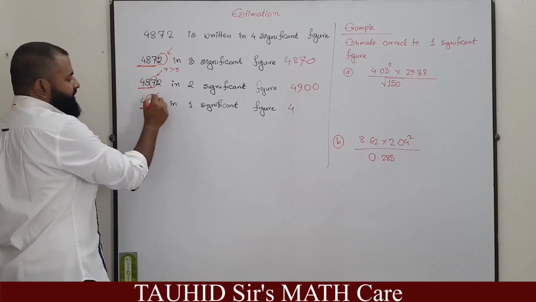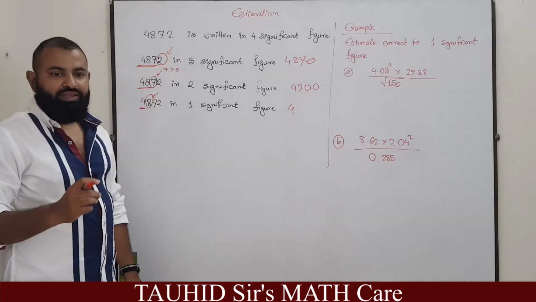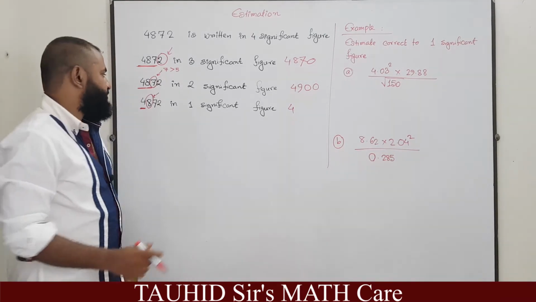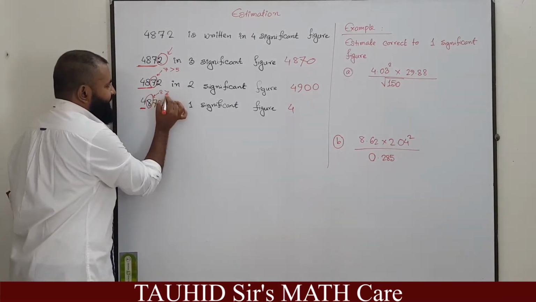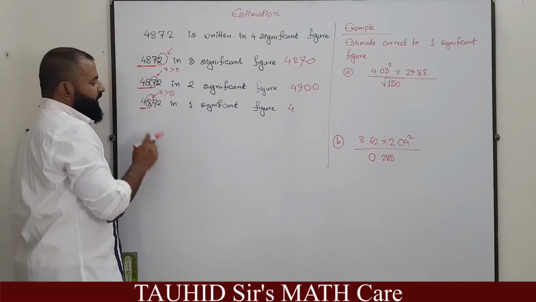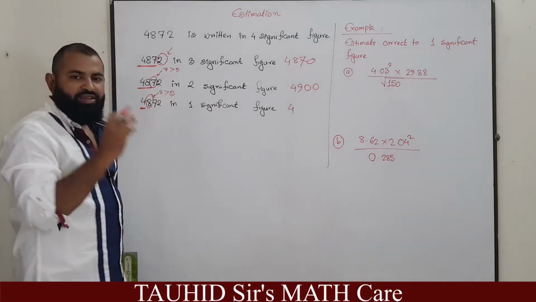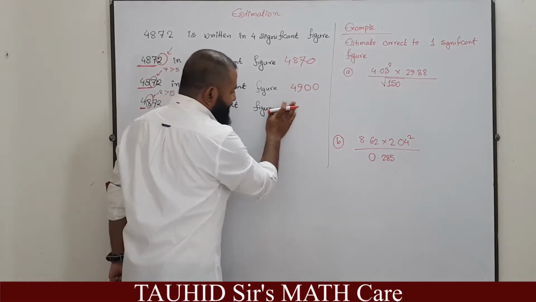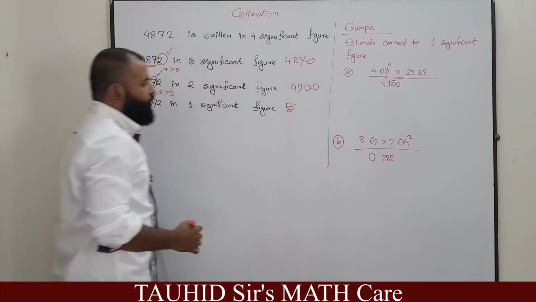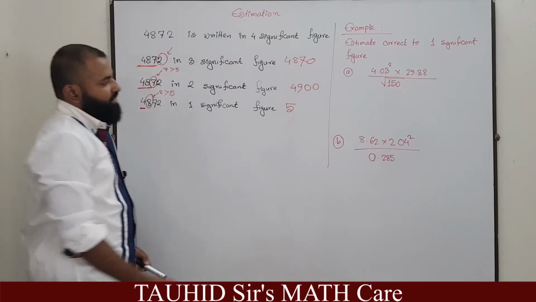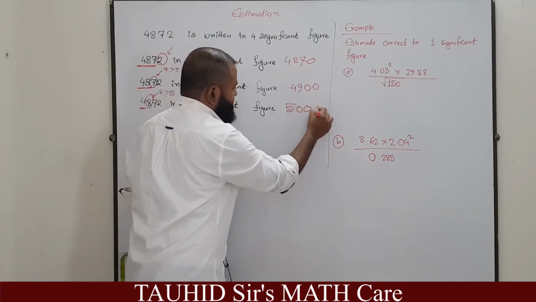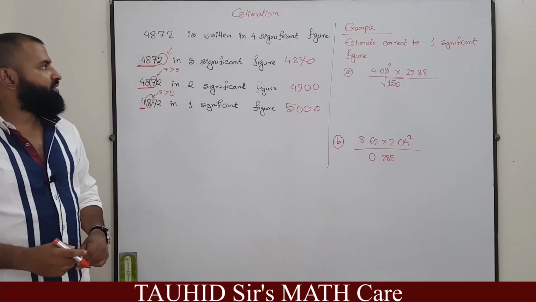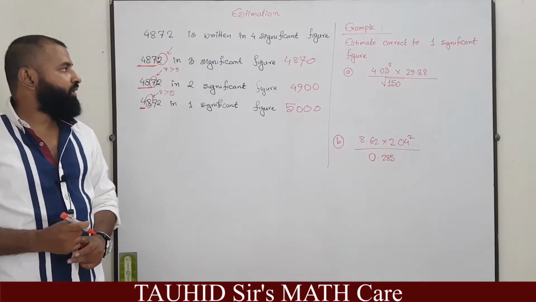This is 8. Is it greater than or equal to 5 or not? This 8 is obviously greater than 5. So this 4 will increase by 1 and we will write 5 instead of 4, and the rest of the digits will be 0. This is the case of significant figures.